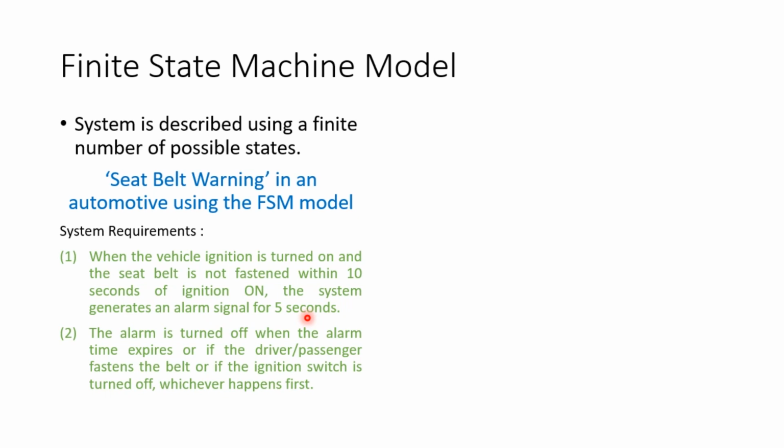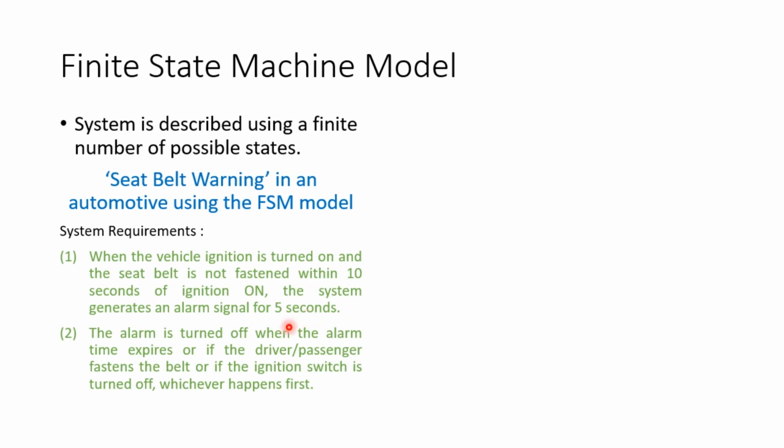You have switched on your vehicle, the driver is on the seat and the vehicle is turned on, but the driver has not worn the seat belt. Even after 10 seconds of switching on, if you are not wearing your seat belt, then the vehicle should generate an alarm signal for the next 5 seconds. So that is a total of 15 seconds of duration.